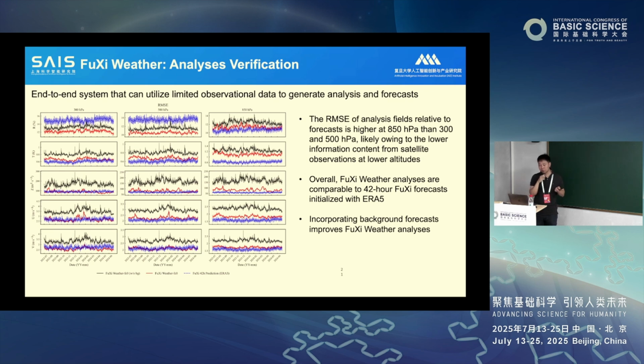And by incorporating the background forecast, the red line has a smaller RMSE compared to the black line. That suggests the importance of incorporating a background forecast, because it provides you a base to start with. If you just rely on observations, you will get higher oscillations and more unstable results.